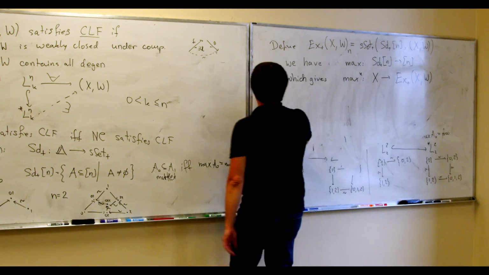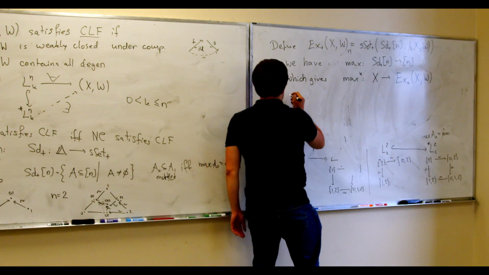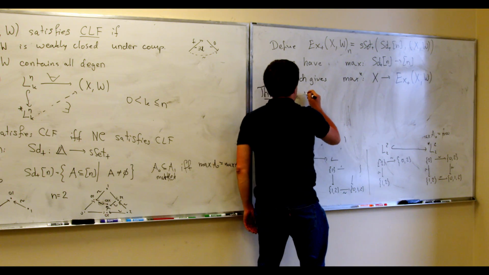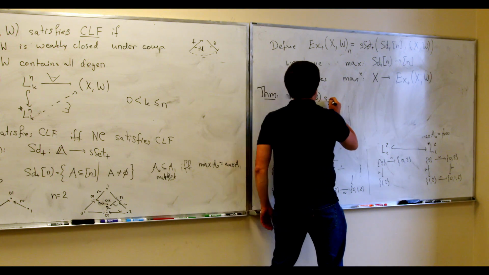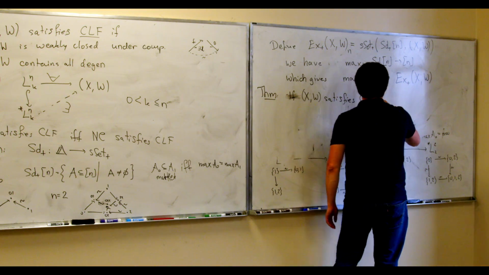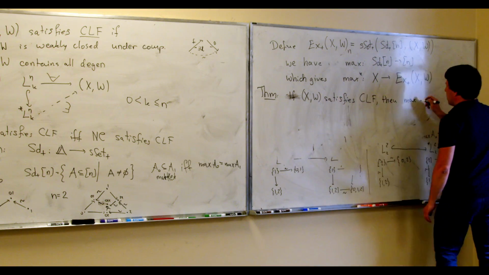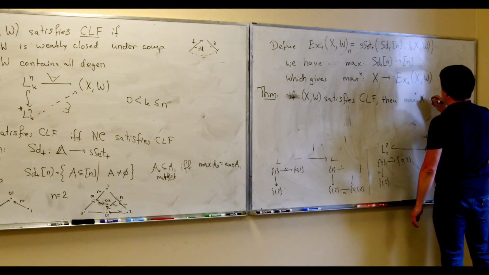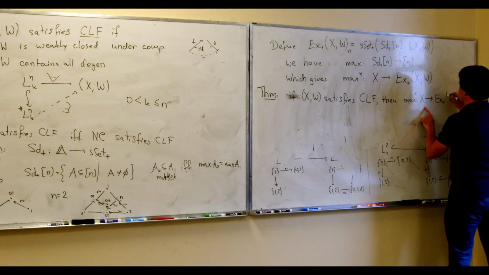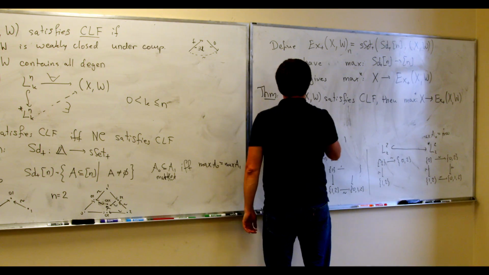And now here comes our theorem. So the first thing is, if X with W satisfies CLF, then max star from X to X plus of X with W is the localization.